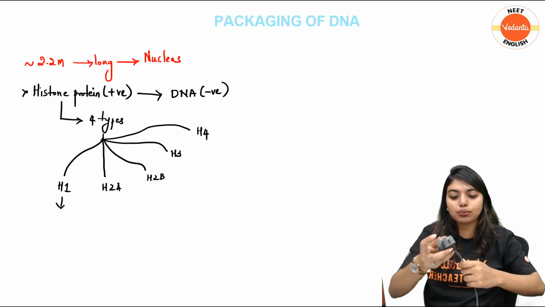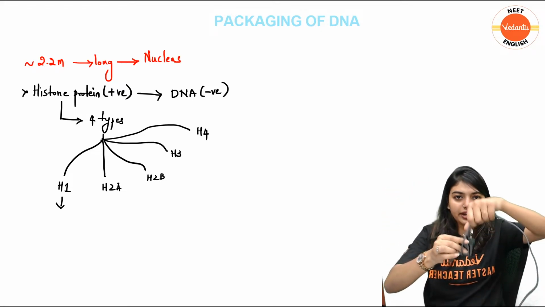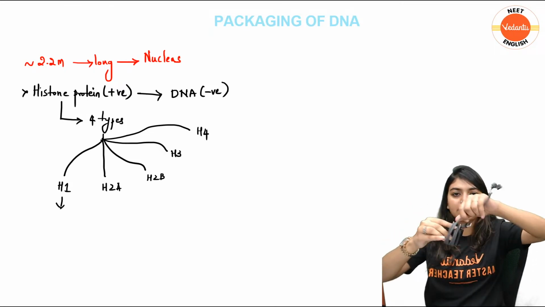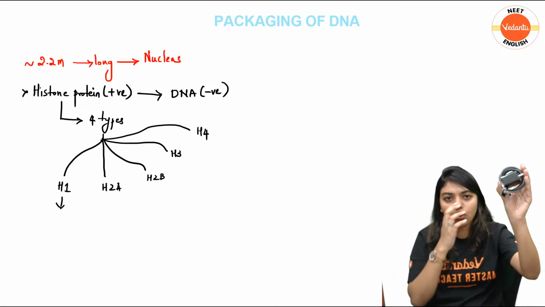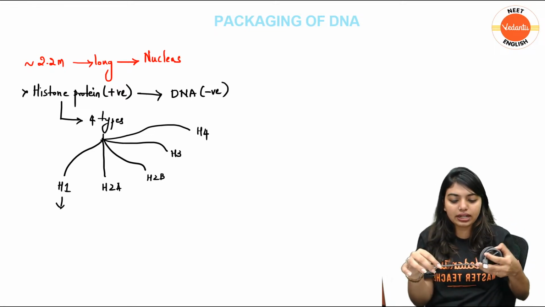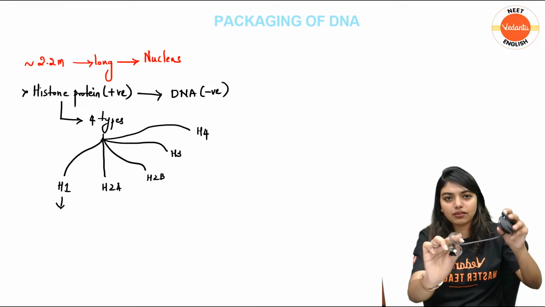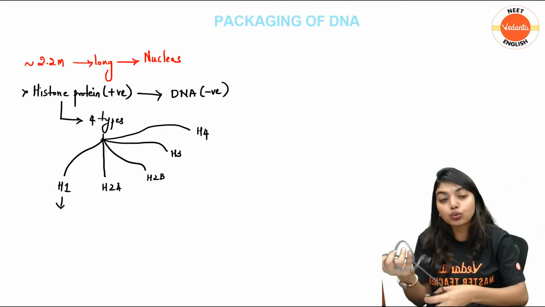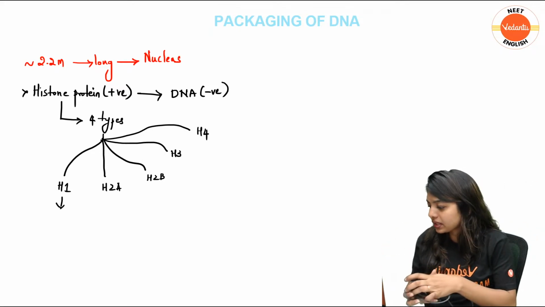I am telling you to wind the DNA around it, like this. Keep on going and winding, and make this 2 meter long DNA into one bead on a string. Like this, many will be there. One histone protein will be there, one more will be there. Like that, they will keep forming, and they will keep this 2 meter DNA in the nucleus. Clear? This much is clear.